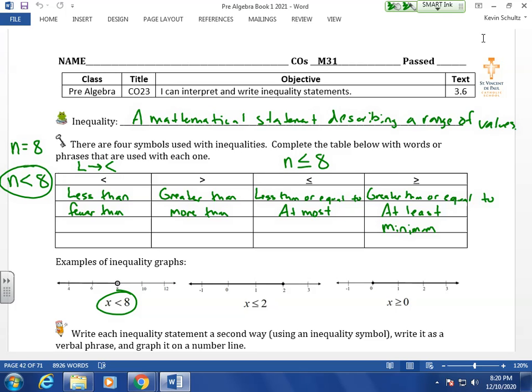Then you've got the word maximum. We've all been on an elevator that says maximum capacity 2,000 pounds, right? That means 2,000 pounds is the absolute heaviest that you can all be on that elevator for safety. So you want to be 2,000 or less.